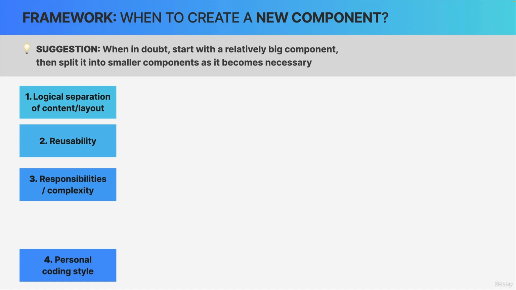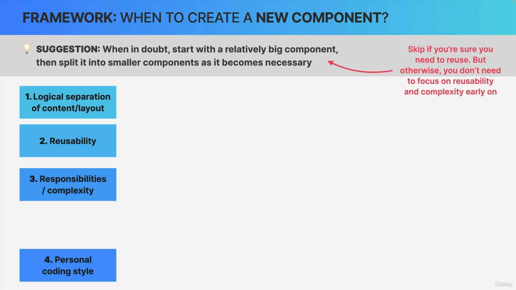Now, of course, if you already know that you need a small and reusable component, such as a button, you can just skip all this and simply create a component. But otherwise, you can just start big and don't need to focus on reusability and complexity at the very beginning. At some point, however, you do need to worry about these topics. And so let's analyze them one by one, starting with logical separation.